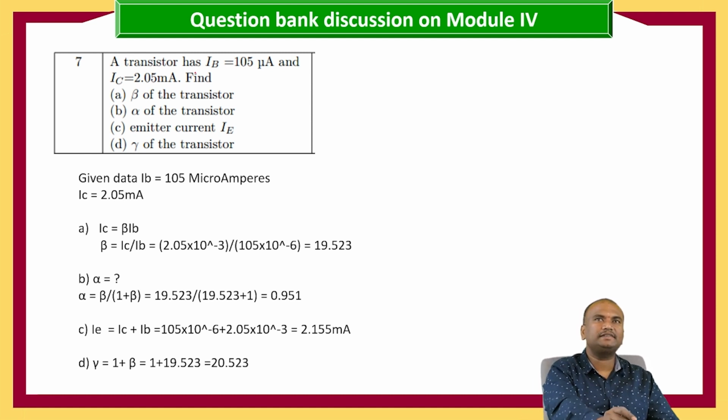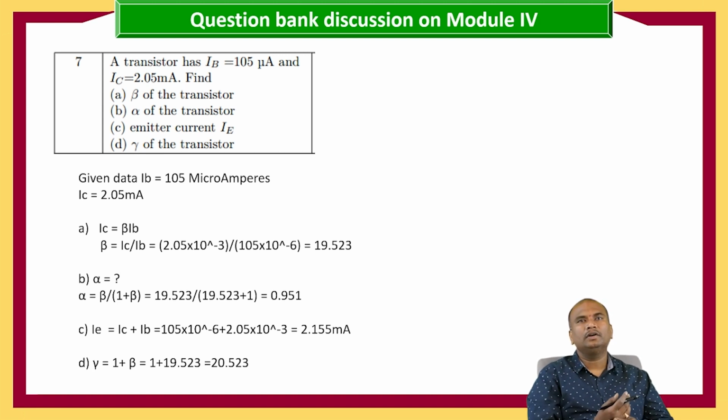Now a transistor has IB as 105 microamperes and IC as 2.05 milliamperes. Find beta of the transistor, alpha of the transistor, emitter current, and gamma of the transistor. Here it is given that IB is equal to 105 microamperes and IC is equal to 2.05 milliamperes.